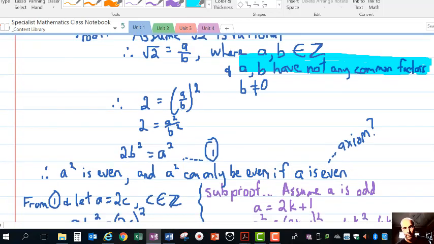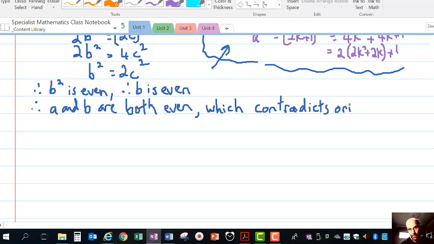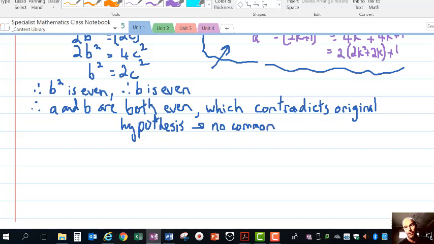So it contradicts our original hypothesis, that they had no common factors, because even numbers have at least 2 as a common factor.